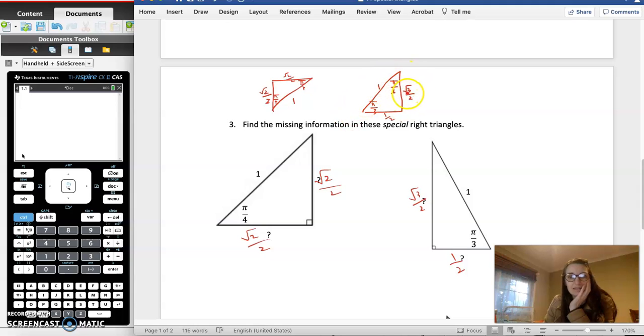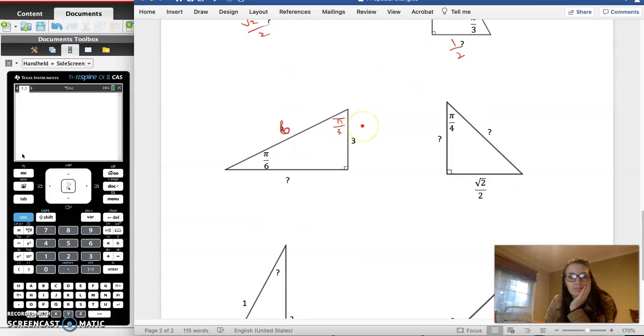This side length here is root 3 on 2 times as long as that one there. So this is 6 root 3 on 2, which we can simplify to 3 root 3. So that's the side length here.